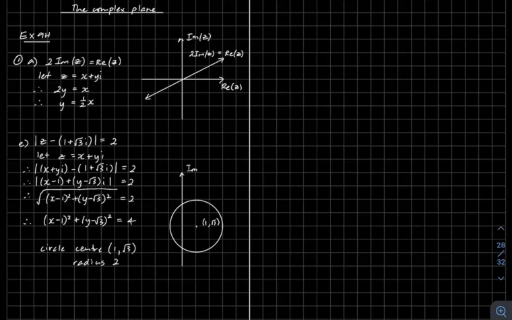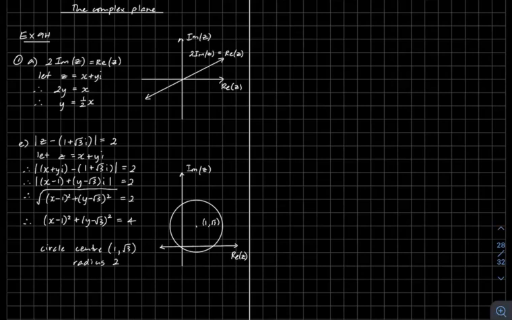Or when I say y-axis, I really mean imaginary axis in this case. And root 3 will be a little bit further above the real axis. So there it is, a circle, center 1, root 3 and radius of 2.